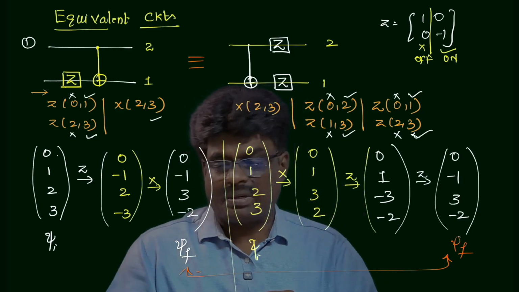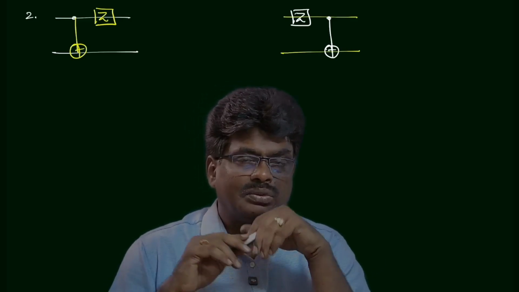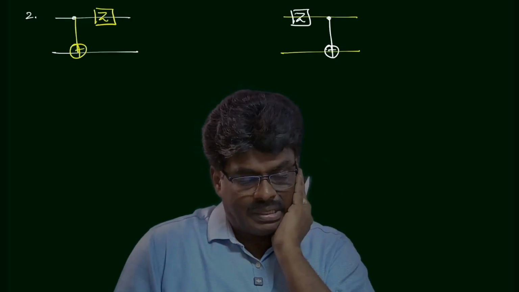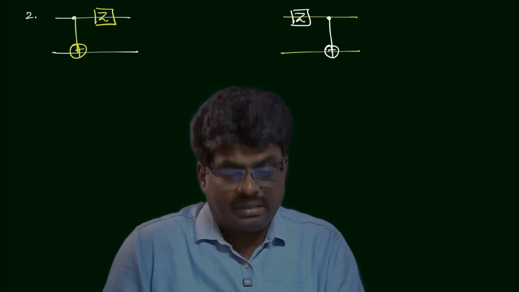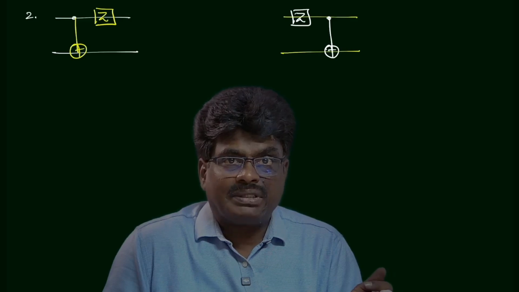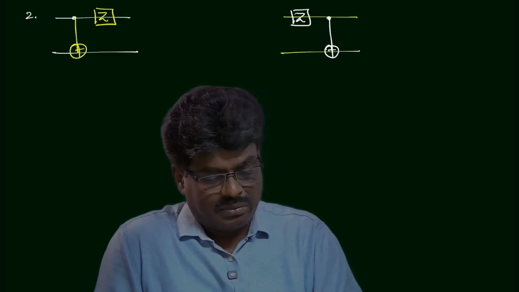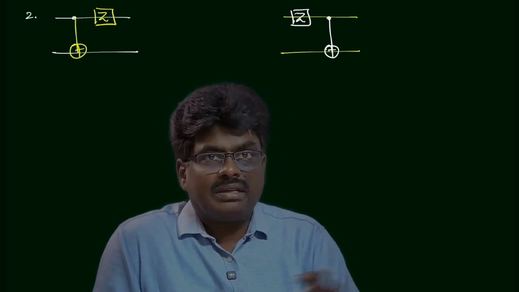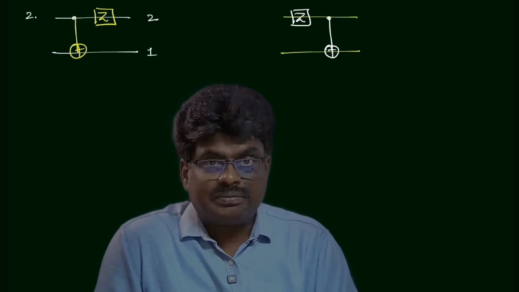Let us go to the next one. So here I have taken two qubits. Okay, so first one here we have CNOT, and after that Z, and here first Z operation and after that CNOT operation, just like a commutation relation. Okay, let us see. So order, because order is reversed, no? That's what. So here we have 1 and 2.